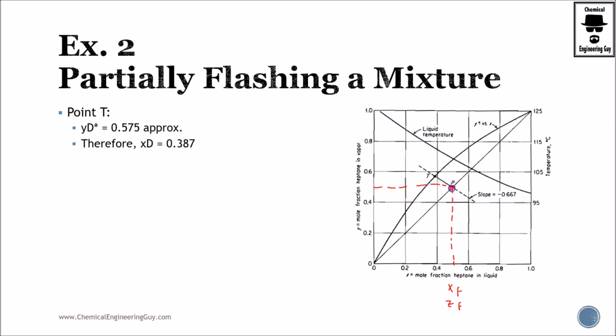Okay, so now we have this point. Second point will be to use a slope of minus 0.6667, which is 2/3. Remember, it's change in y over change in x. So let's go literal, okay, that would be something like 1, 2.